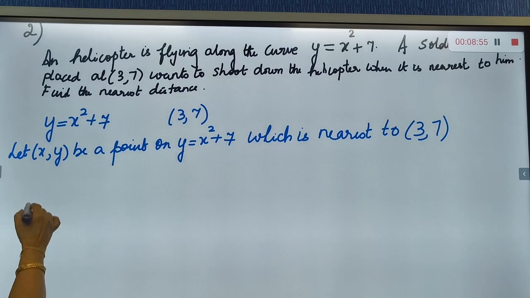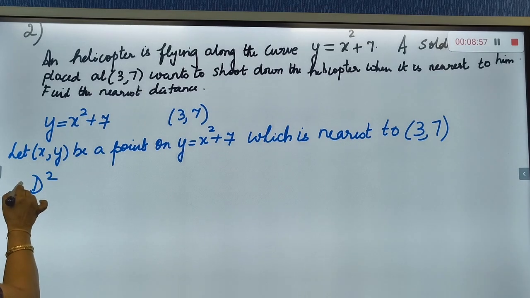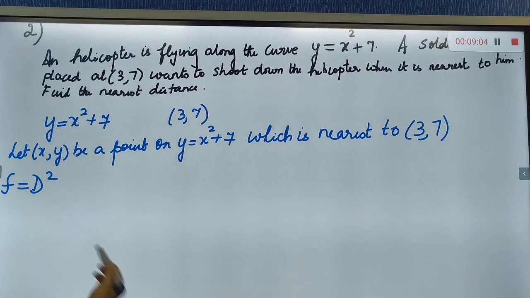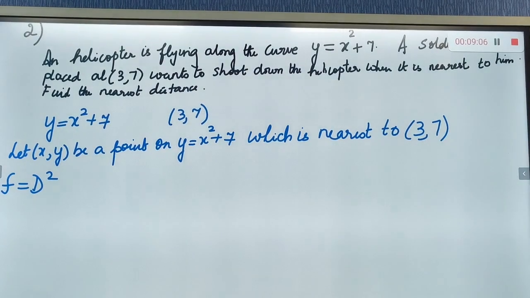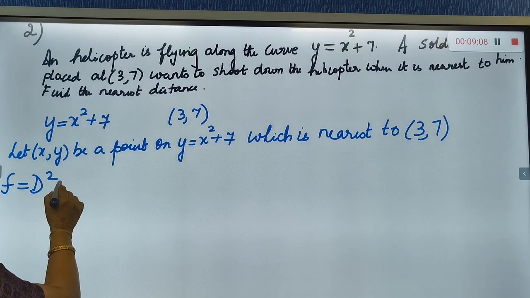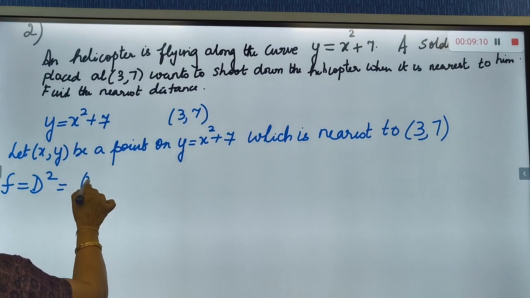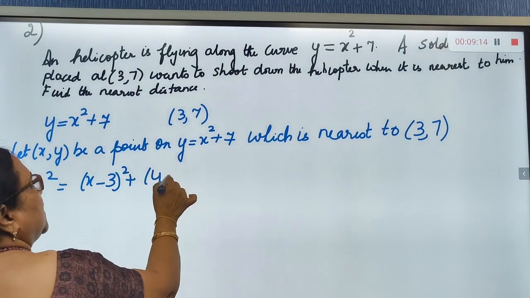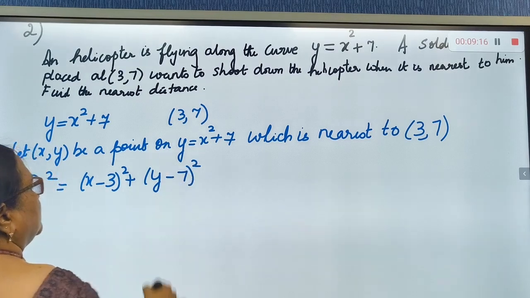Then what will be the d square, which I'm going to call f. If d is maximum, d square is also maximum; if d is minimum, d square is minimum. So d square, which I'm calling f, will be x minus 3 the whole square plus y minus 7 the whole square.